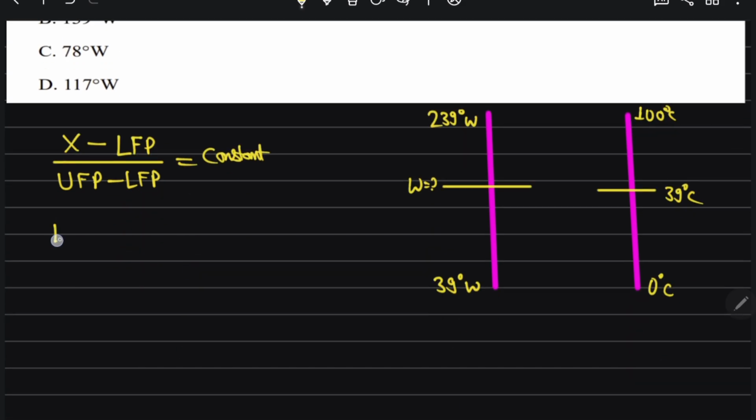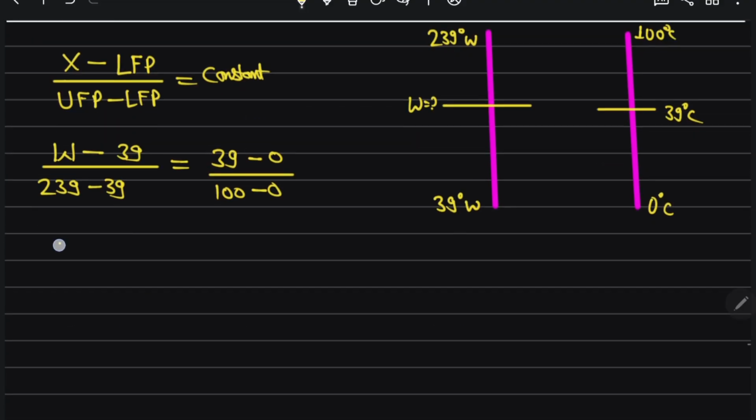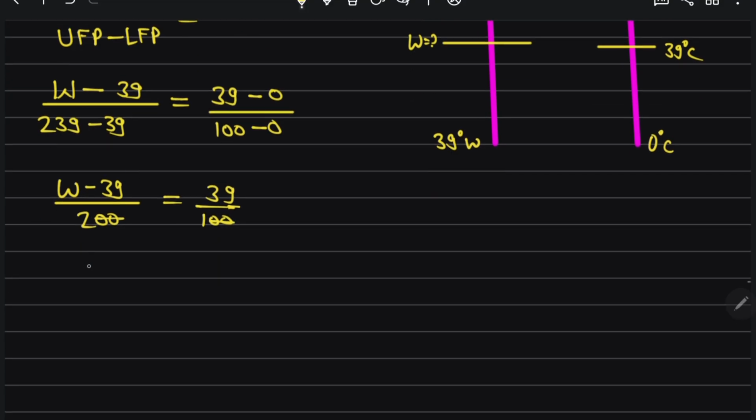So (W minus lower fixed point, that is 39) divided by (239 minus 39) is equal to (C minus 0) divided by (100 minus 0), that is 39 by 100. So W minus 39 over 200 is equal to 39 by 100. The 0s cancel. So W is equal to 2 into 39 plus 39.